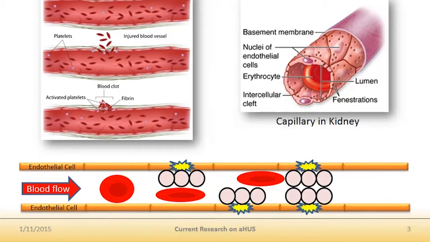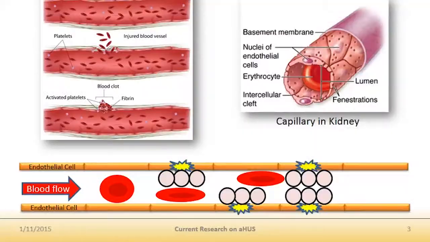So what happens in aHUS patients is that, because of the overactivation of complement, numerous cells are damaged on the blood vessel wall. So it forms a lot of blood clots. This step consumes the platelets, which is why you see the platelet number drop in the patients.